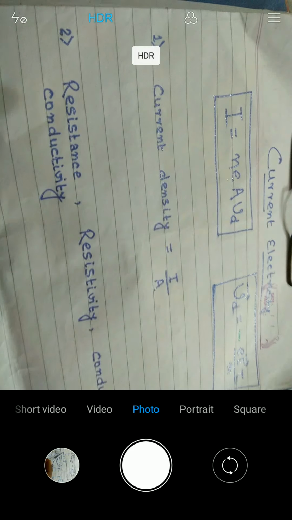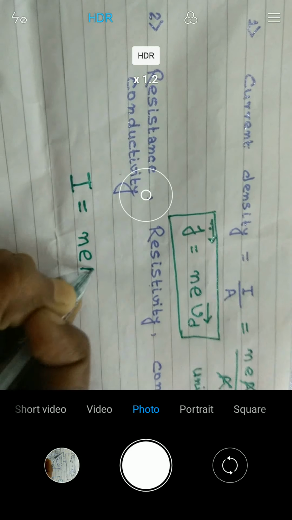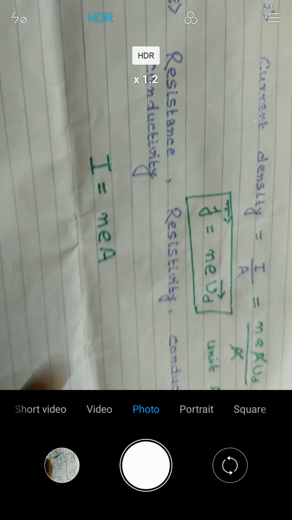Now for deriving the formulas for resistance, resistivity, conductance and conductivity, I suggest that you start with this basic formula, I equals NeAVd, and step by step you will obtain the formula for all these physical quantities.